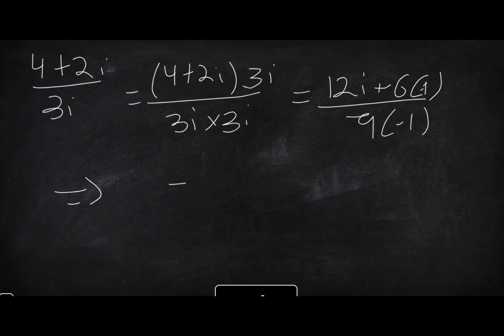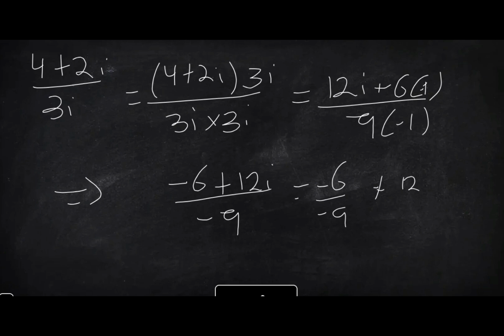This is going to be negative 6 plus 12i divided by negative 9, which is negative 6 over negative 9 plus 12i over negative 9.